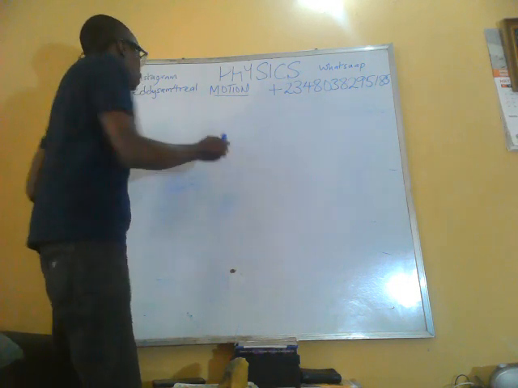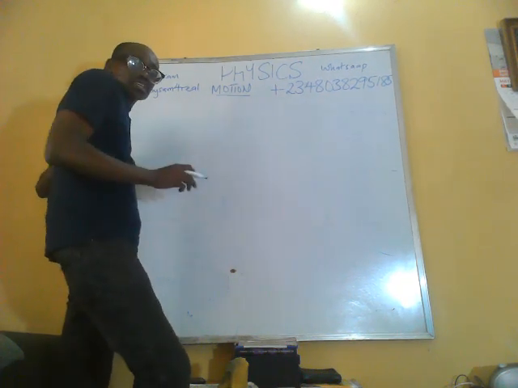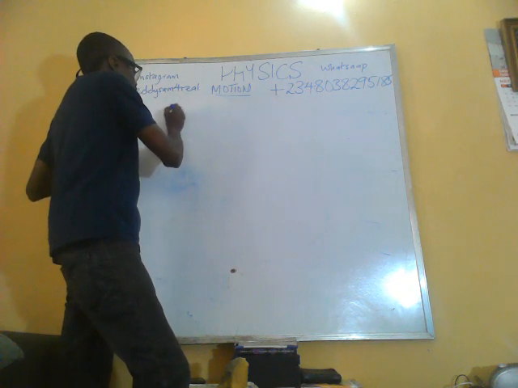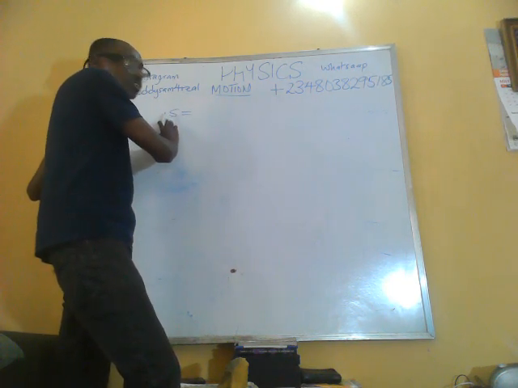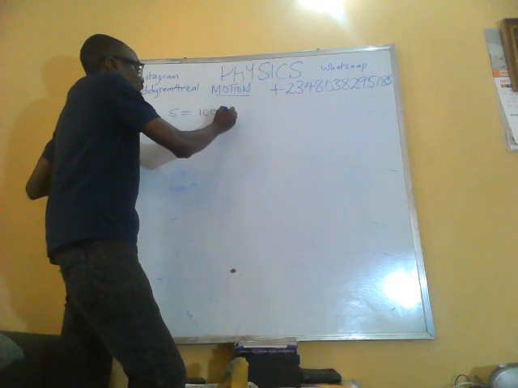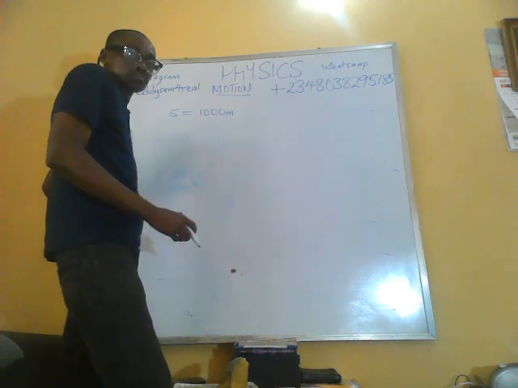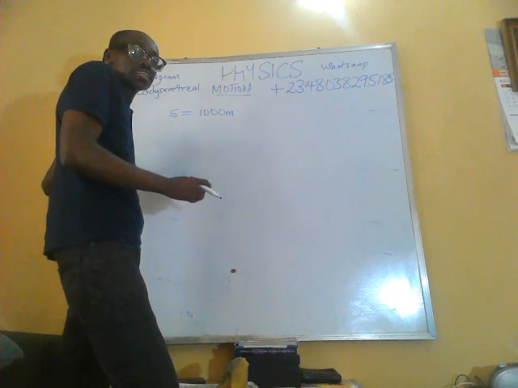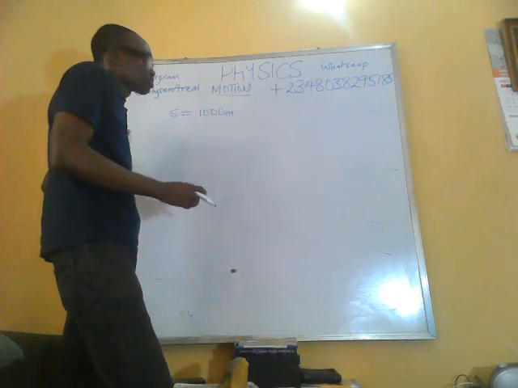So let's just take a problem. Let's assume that a train covered a distance, we said we should use the symbol S for distance, covered a distance of 1,000 meters within a time frame of 100 seconds.